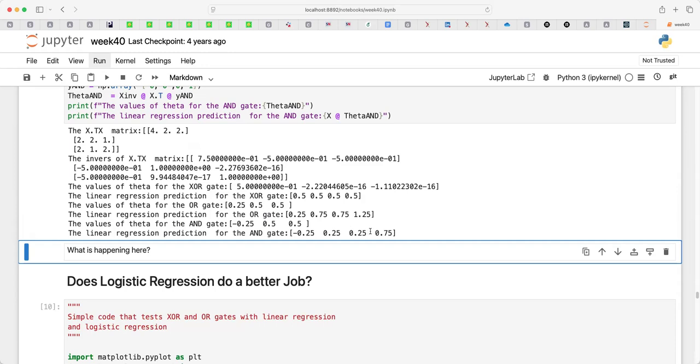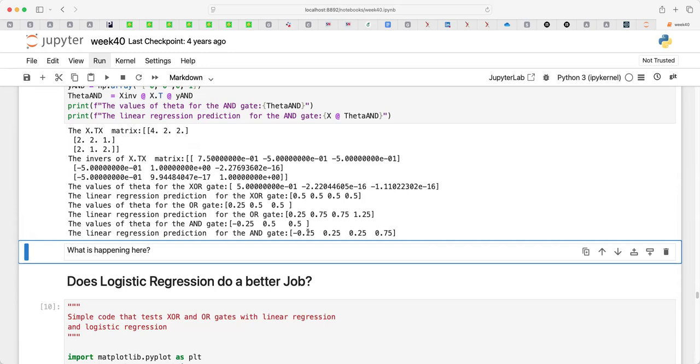If it's above 0.5, I predict 1, because these are the outputs of my linear regression. So for an AND gate and an OR gate, I can make a pretty good prediction by linear regression. Whereas the XOR gate, where, as you remember from before the break, we could not separate the planes, this method fails miserably.